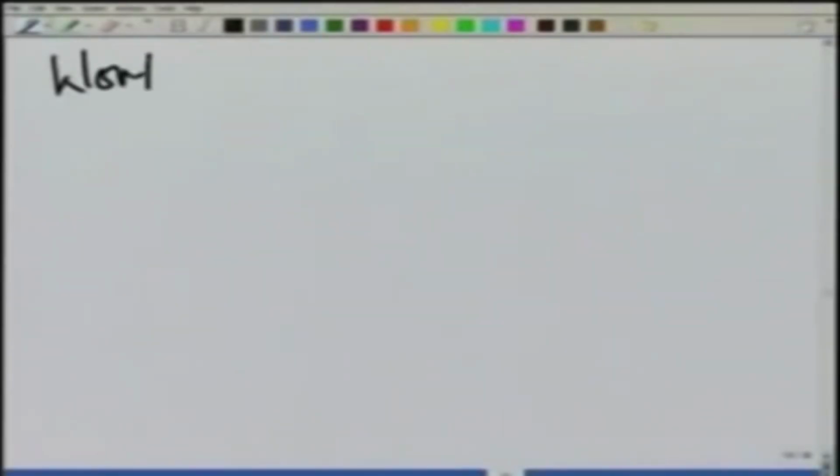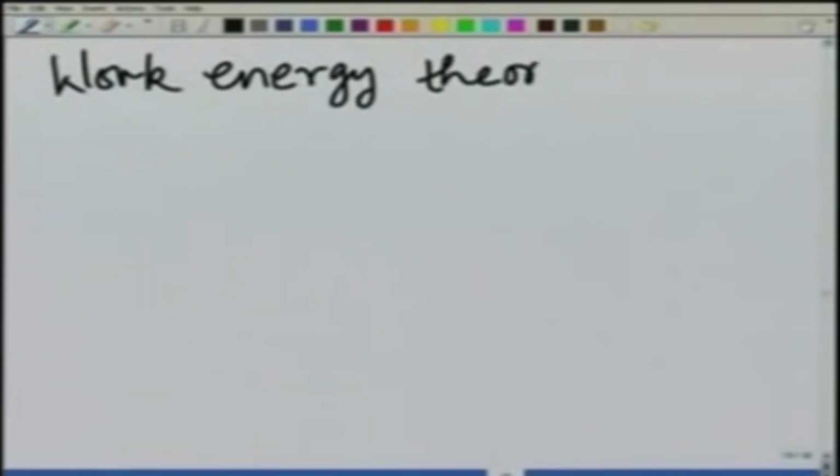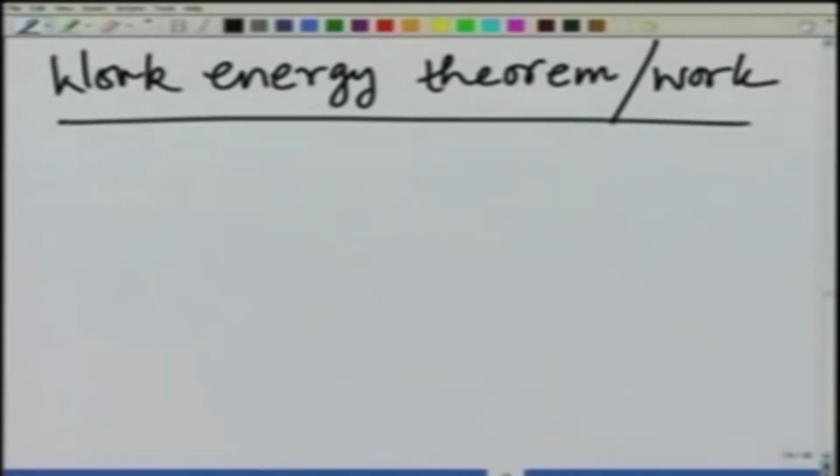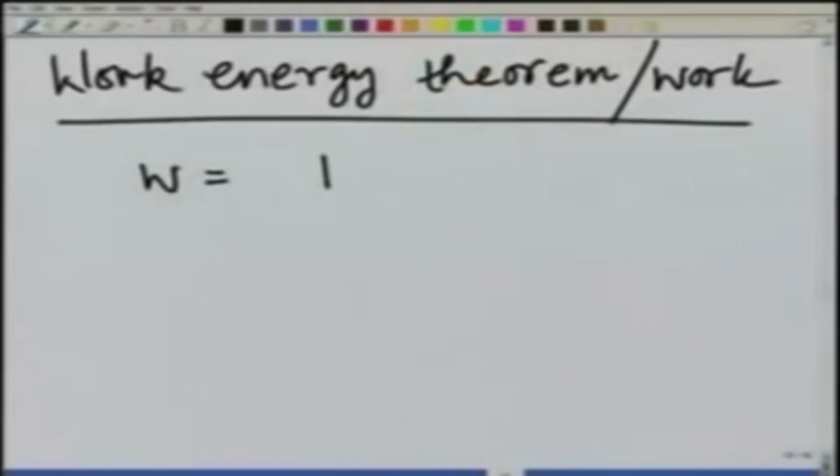What about the work energy theorem? Or work done itself? Again we will use the basic definition that work done is nothing but summation f on ith particle, distance moved by it in the direction of force, dri summed over.